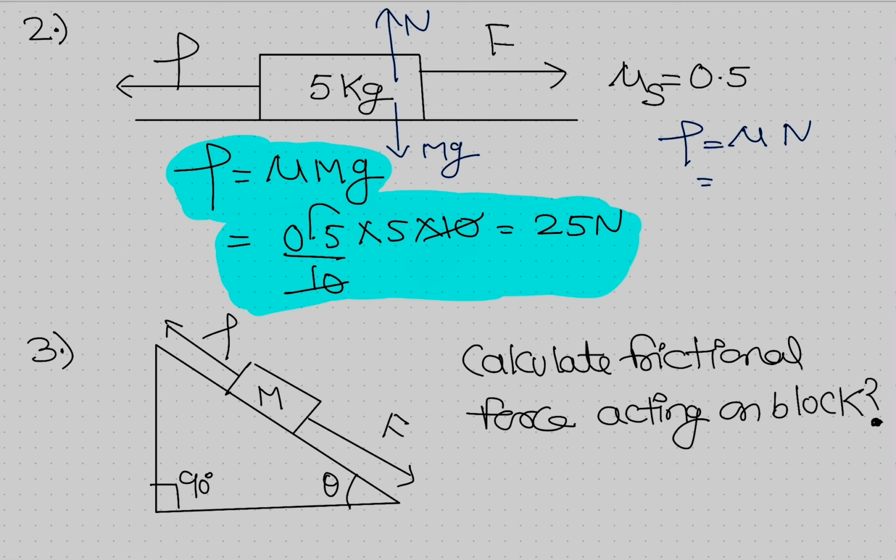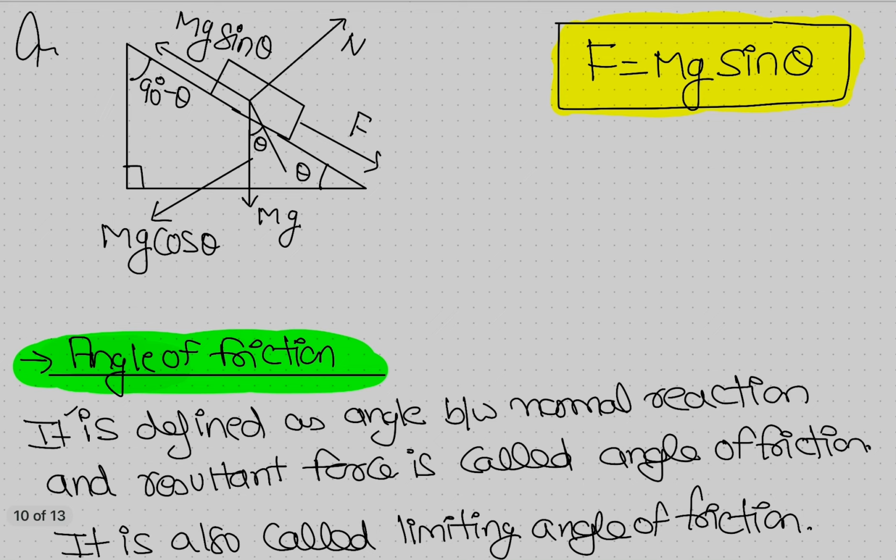So friction is always acting opposite to the relative motion. mg is always acting downwards. This is 90 degrees, this is theta, this is 90 minus theta. Similarly, this is theta. So the components are mg cos theta and mg sin theta. So the amount of friction force acting here is mg sin theta.